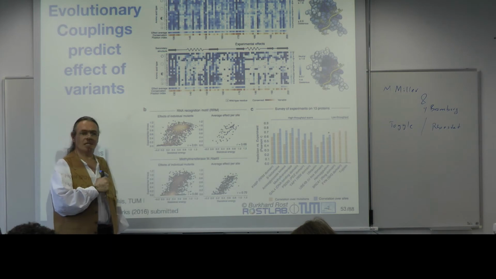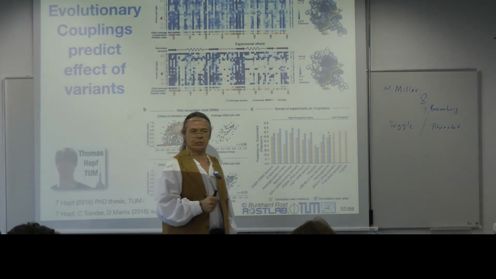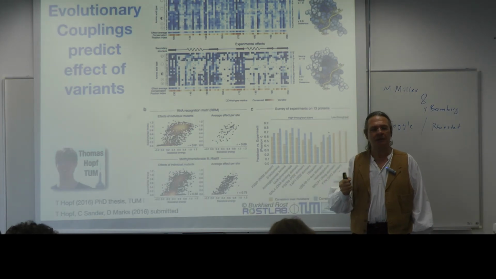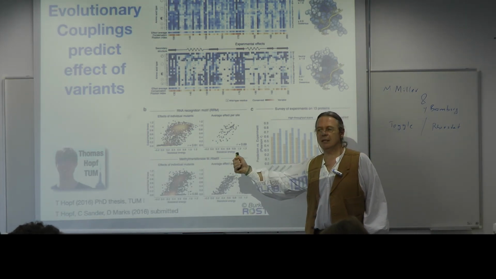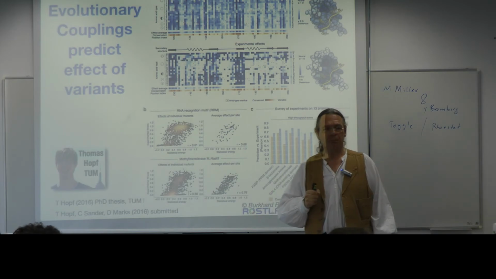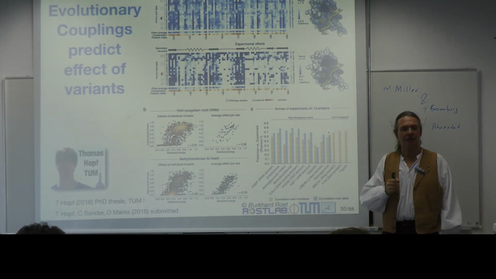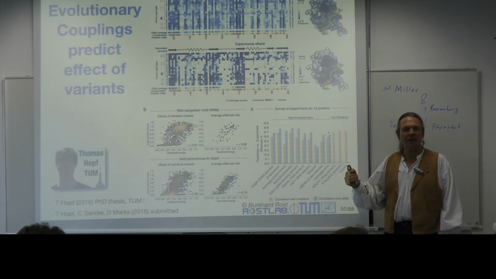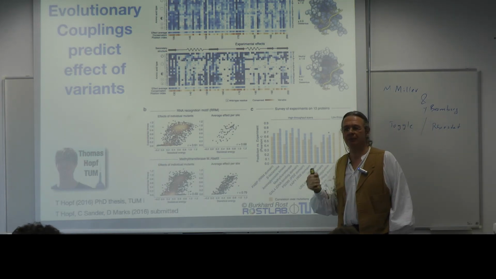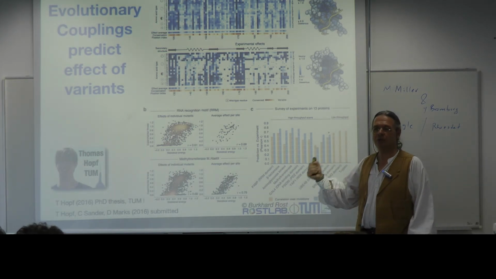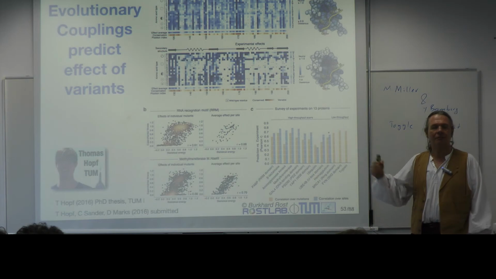So this is technically a problem. It's not easy to do. We cannot do that for all human proteins. They show that this method performs much better than anything that is available, even for single SAFs, but that is valid only for the set of proteins for which we have big alignments. So the smaller the family, the more this goes wrong.